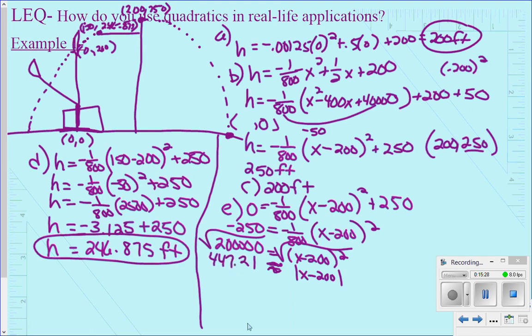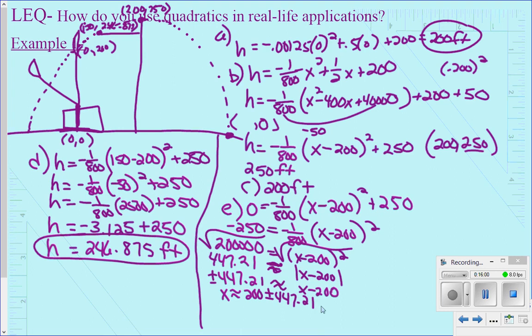So now I'm ready to make that plus or minus and take away my absolute value. Next, I'm going to add 200 to both sides. So x is approximately 200 plus or minus 447.21.